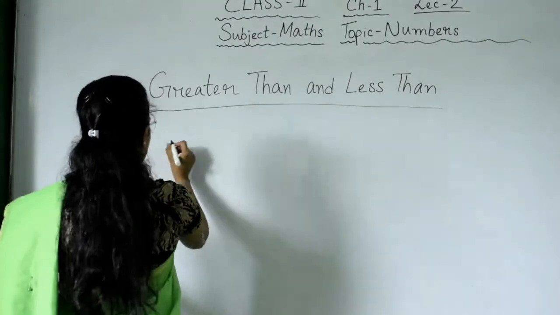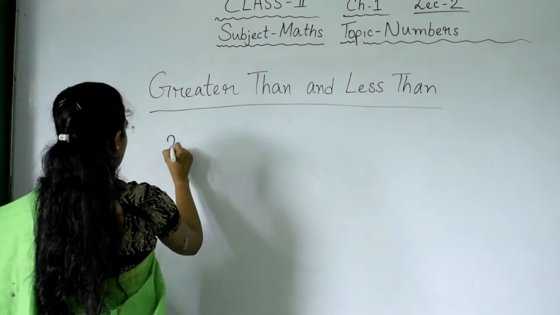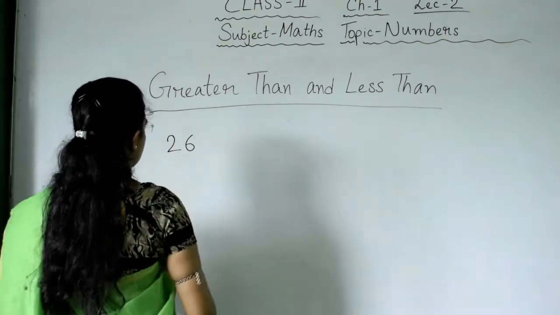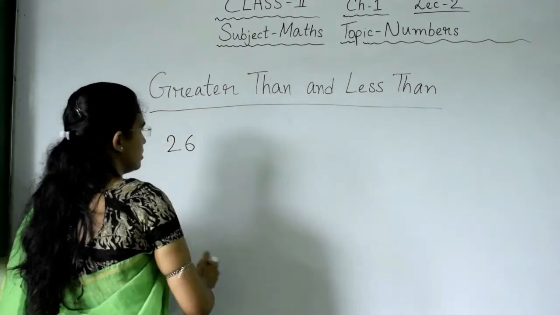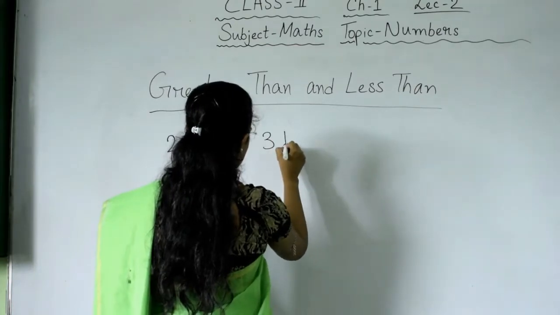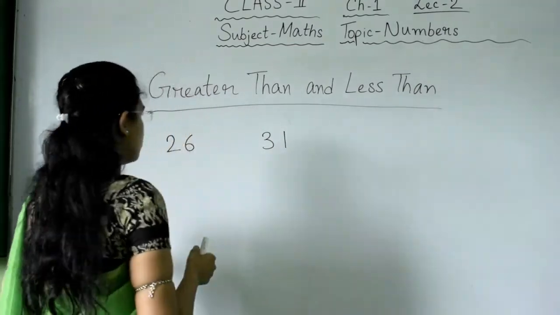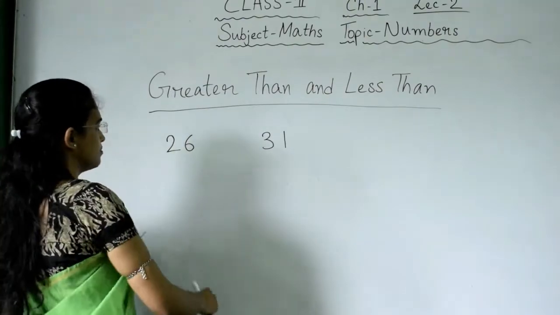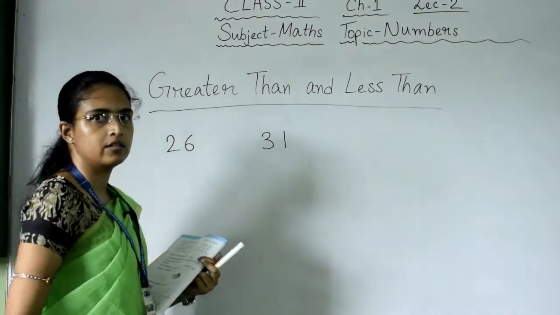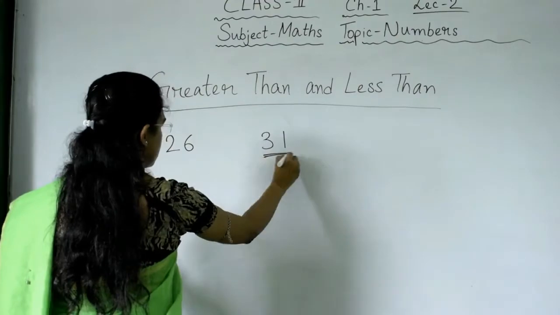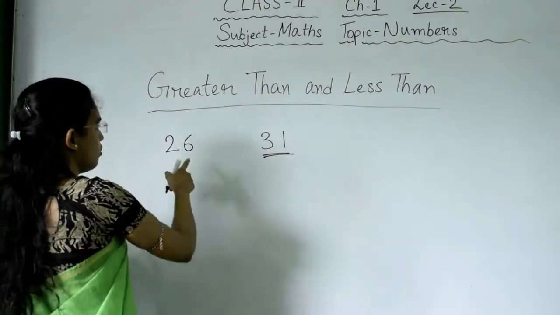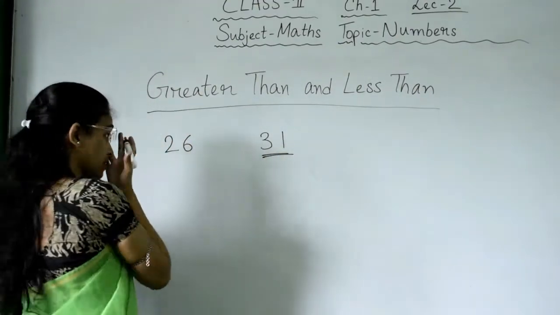Now for example we have 26 on this side and 31 on this side. Which is the biggest number, 26 or 31? Yes, 31 is the biggest number, right? So now what will happen?